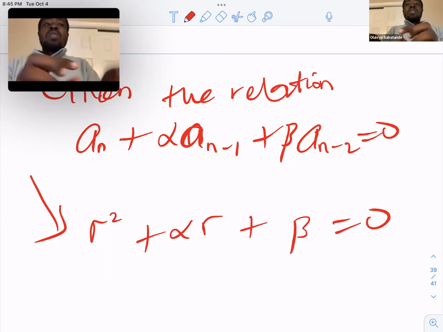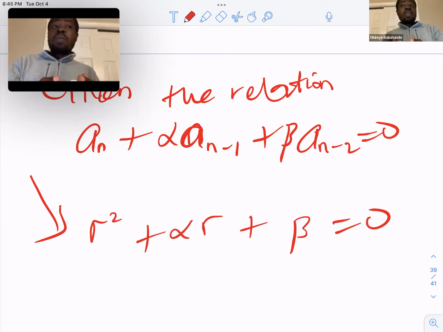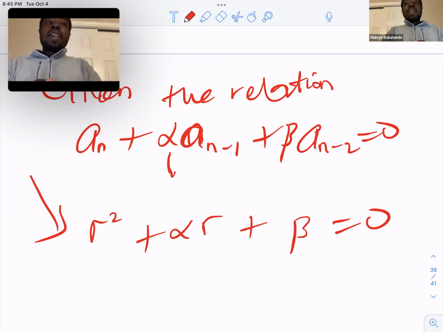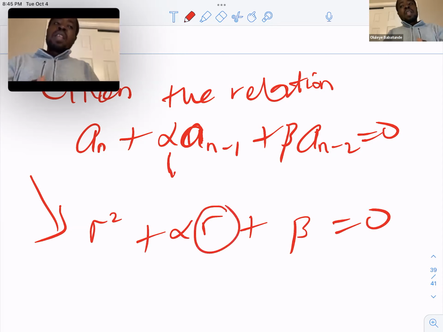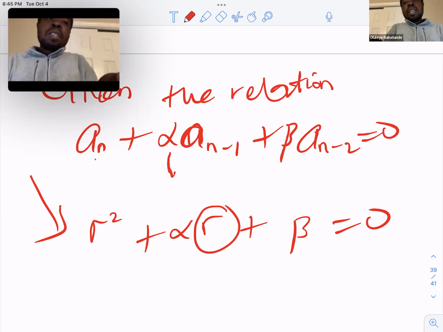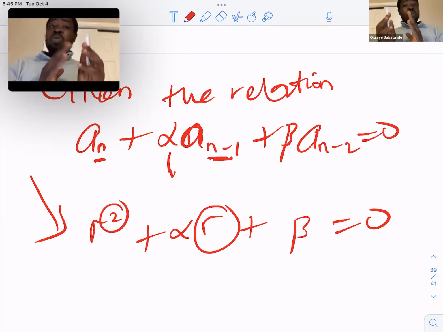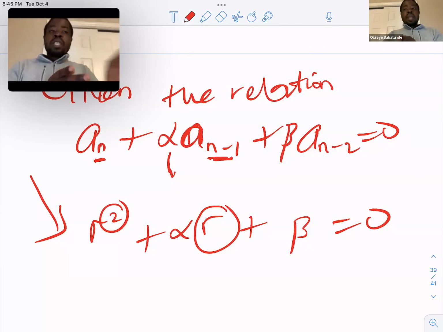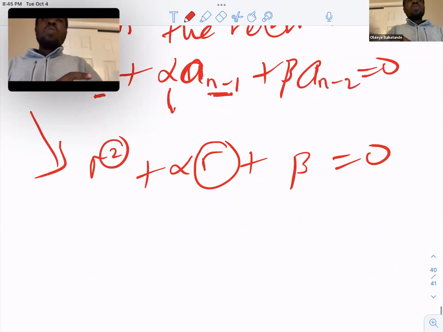We just need to have the first one to be r squared. The second one has got alpha here, so I'm going to keep that alpha. Of course, it's going to have r. Notice n minus 1. So if the power of this one is 2, you must start with 2 for that. The power of the next one, which is n minus 1, we want r^1. So then you will solve this.